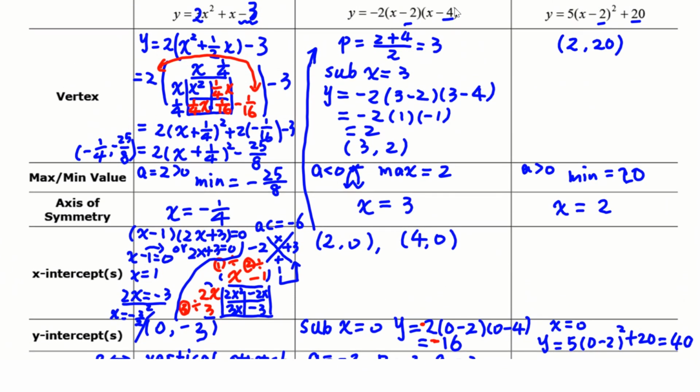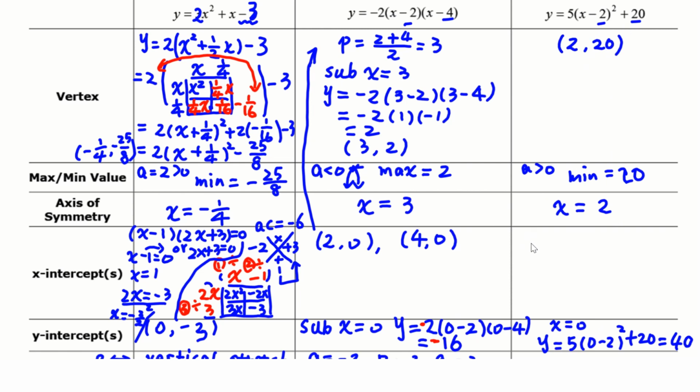Read them from the factored form; for the vertex, just substitute in to find the midpoint, then substitute in to find the q. For the y-intercept, we always substitute x equals 0 to find the y-intercept. So this one, the vertex is easy to find, and for the y-intercept, substitute x equals 0.